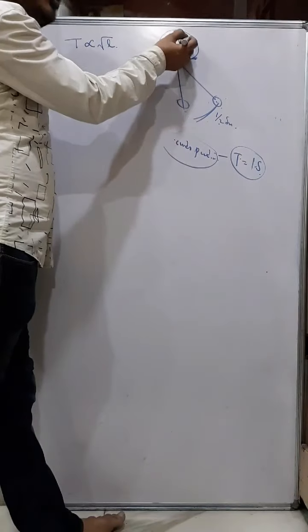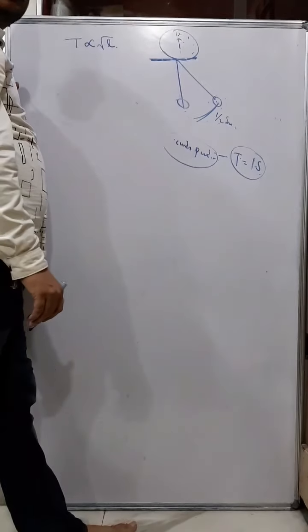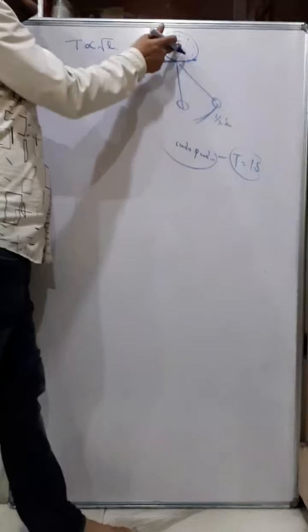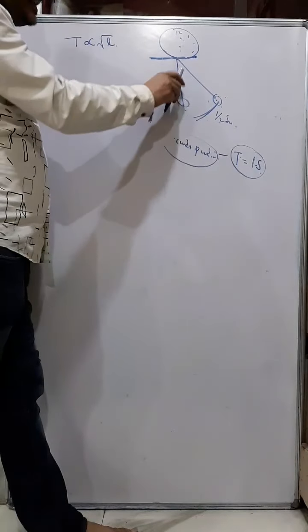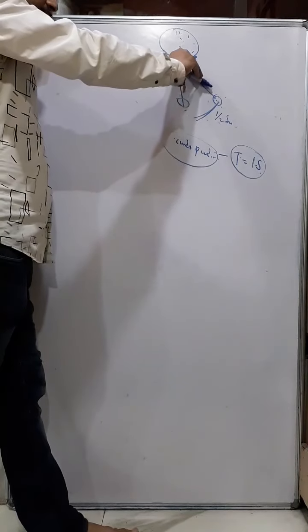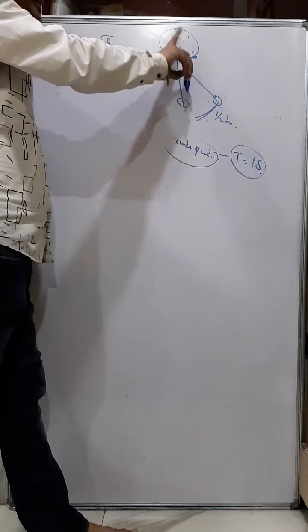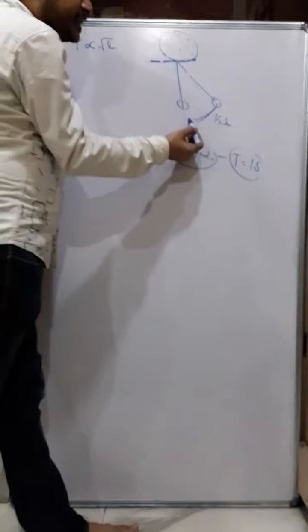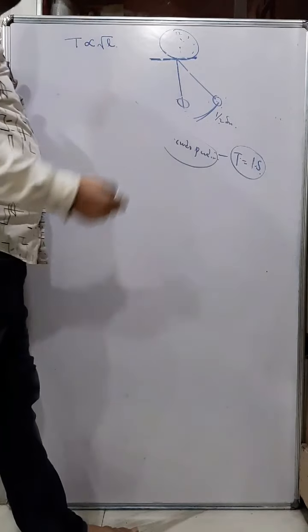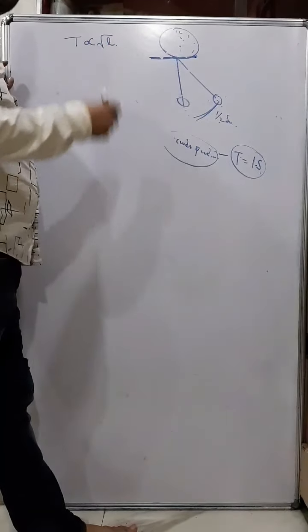But the clock will show 1 second, because it is calibrated in such a way that when the pendulum moves from here to here and comes back to here, the minute hand will move by 1. But actually now the pendulum is taking only half a second instead of 1 second, because of the contraction.